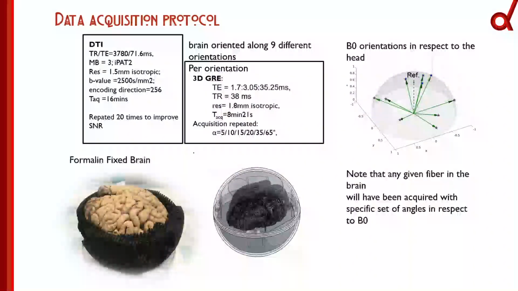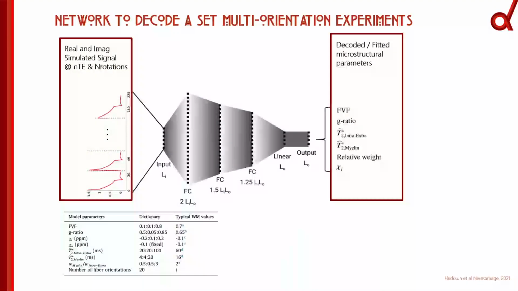Each fiber that has a given orientation at the start will have a unique trajectory of new orientations as you rotate the brain. So you go back to your previous dictionary, reshuffle it, knowing how you rotated your brain, and create a new dictionary. And that's how you train the network.